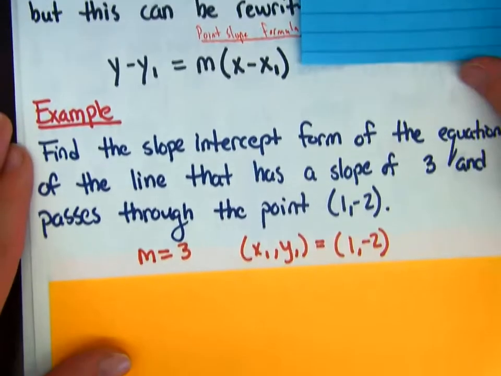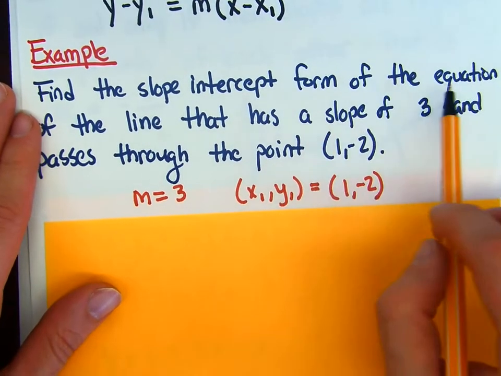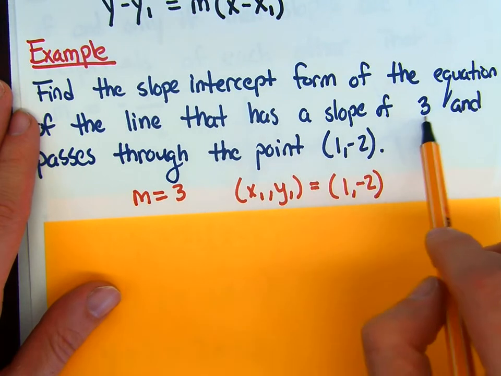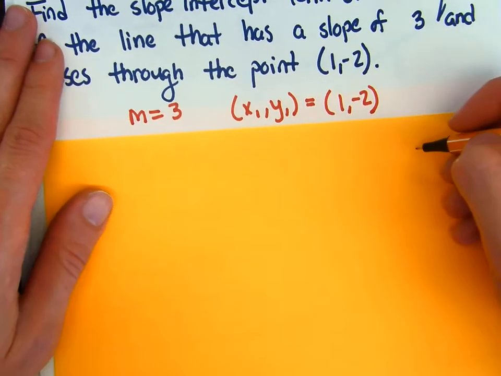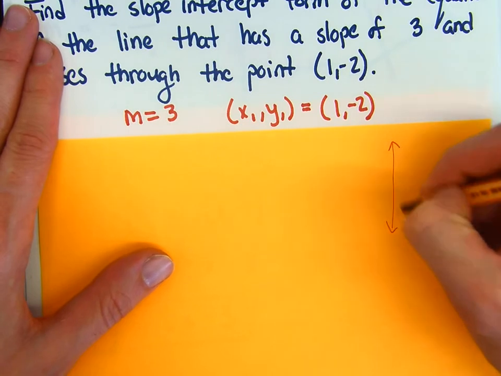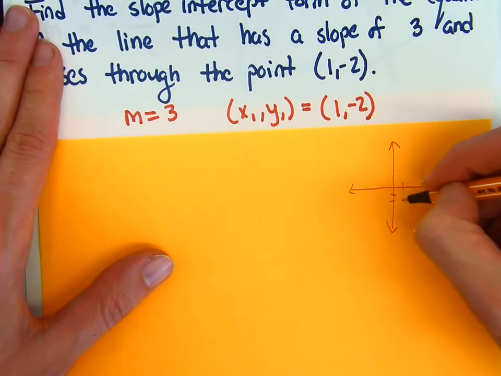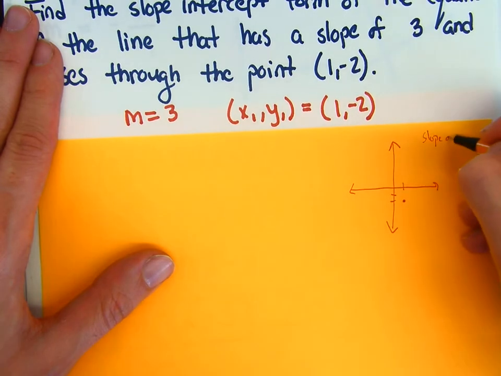So for example, it's saying find the slope-intercept form of the equation of the line that has a slope of 3 and passes through the point 1, negative 2. Where is 1, negative 2? It is 1, negative 2. This is my point. And what does a slope of 3 look like?